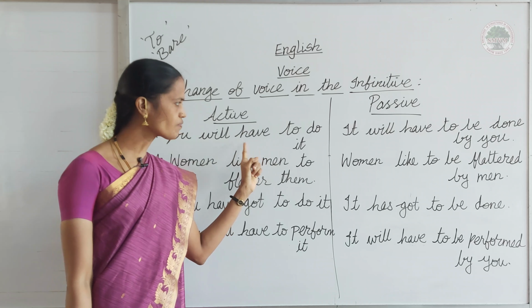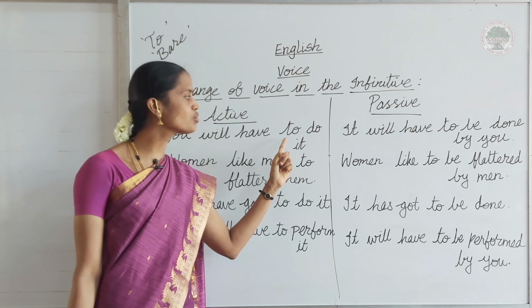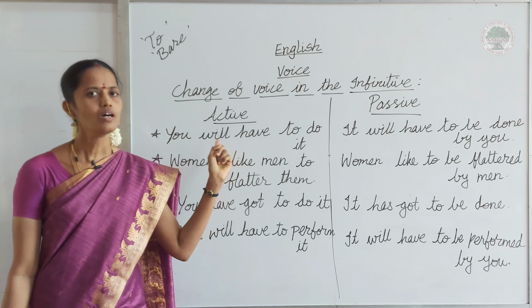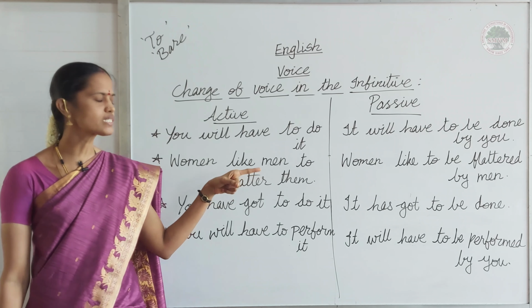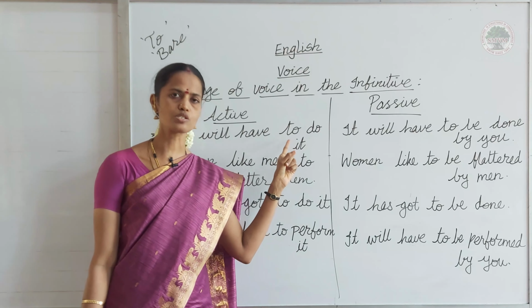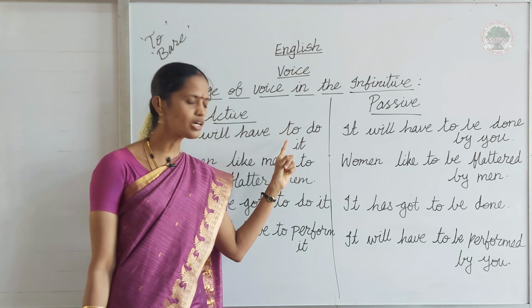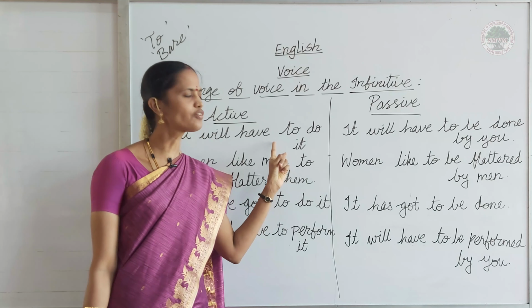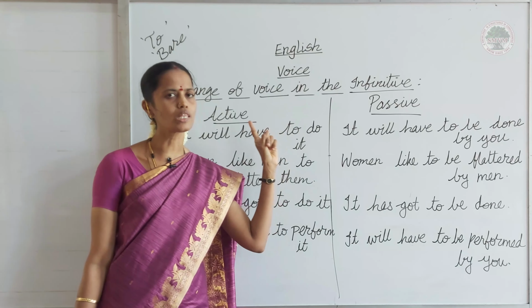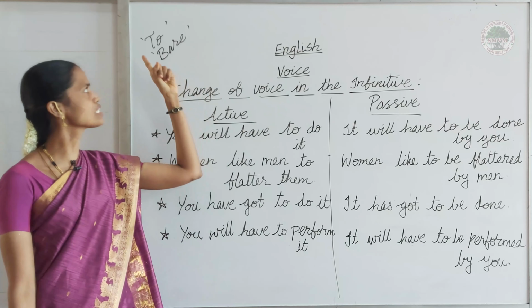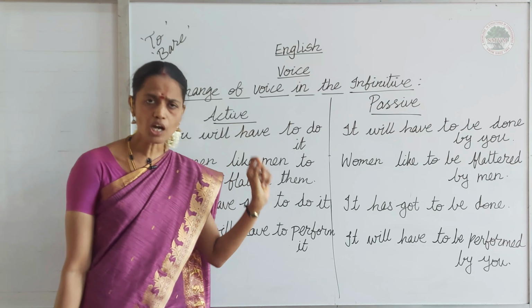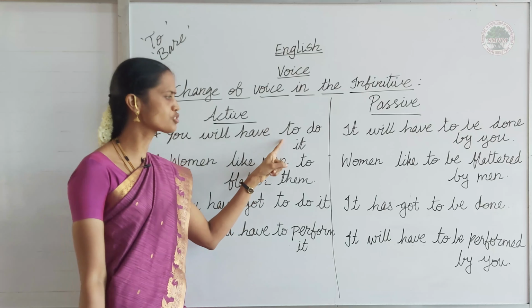After this main verb, we have used one more verb, that is to do. The combination of to and the verb is called infinitive, especially the to-infinitive. So in the first sentence, we have used the to-infinitive to do.